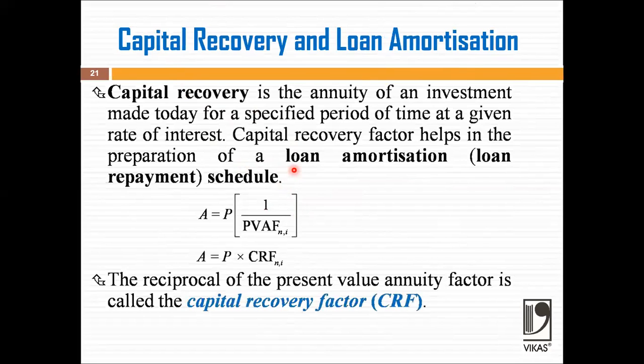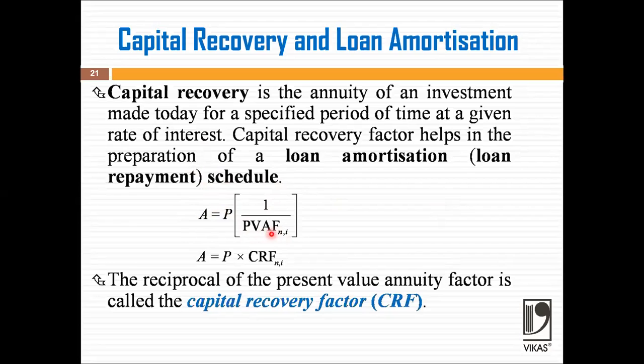Capital recovery is the annuity of an investment made today for a specific period of time at a given rate of interest. A capital recovery factor helps in the preparation of a loan amortization, loan repayment schedule. People buying a car on leasing have to pay a leasing installment, and that installment is based on this formula. A is an annuity, an installment, equal to present value, the price of the leasing vehicle, times 1 over PVAF.